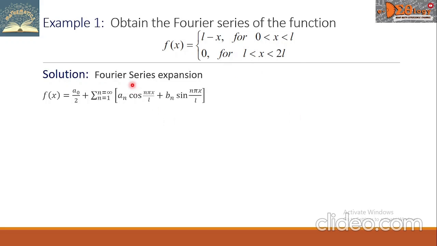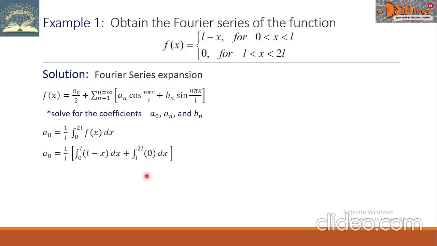First, let us write the formula for the Fourier series expansion. Our goal here is to solve for the coefficients a sub 0, a sub n, and b sub n. Let's begin with a sub 0, and this is the formula. Our function here is a piecewise function, so we expect two integrals.